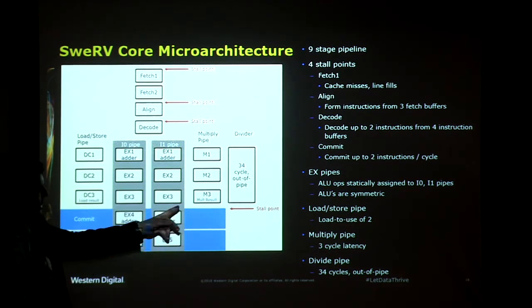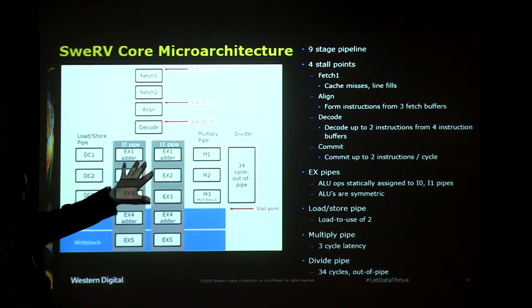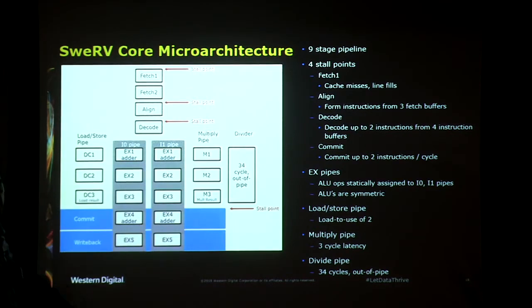And we have a multiplication pipe that will handle multiplication in the pipe. And we have a divider that's outside of the pipe. So we trap a division instruction, and then we start the division hardware and get it done in between 15 to 34 cycles. So the main action happens here in these two pipes.